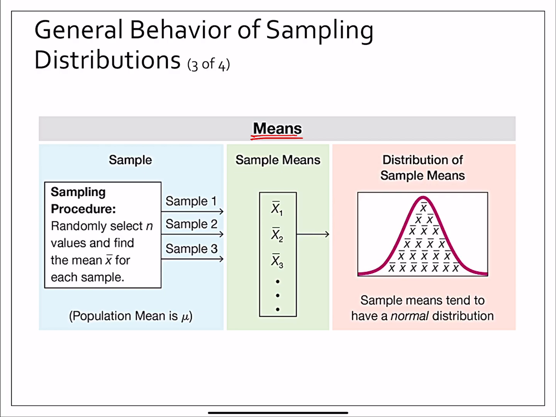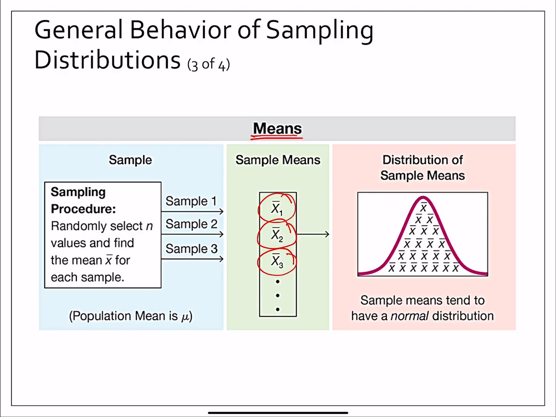When you find those means, you get X bar 1, X bar 2, X bar 3, so on and so forth. X bar 1 would be the mean of your first sample, X bar 2 the mean of your second sample.